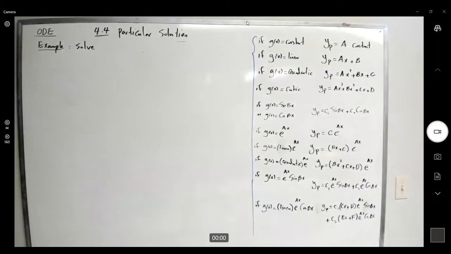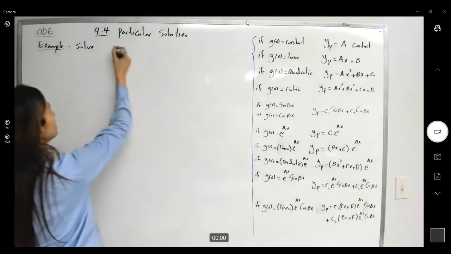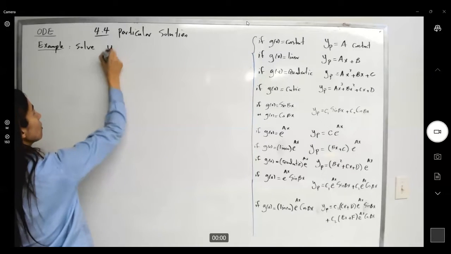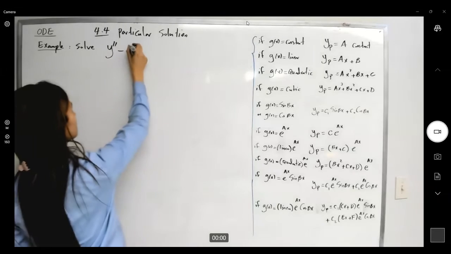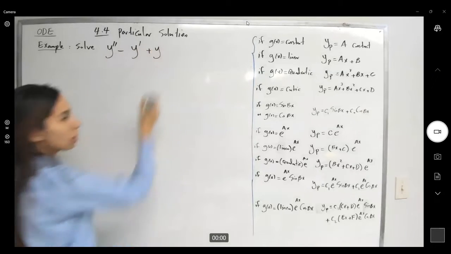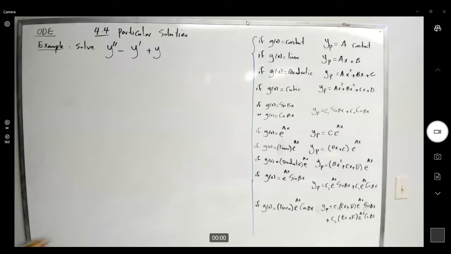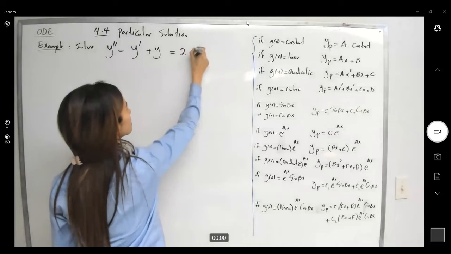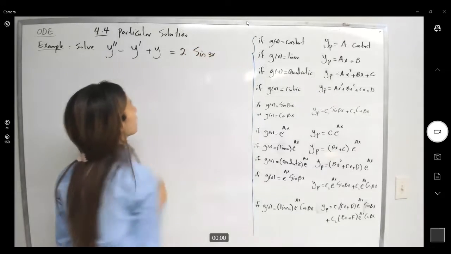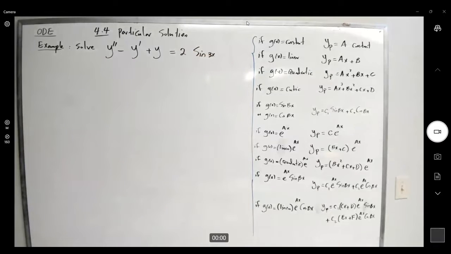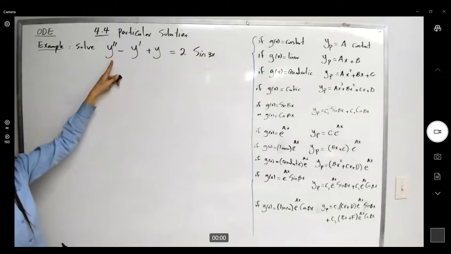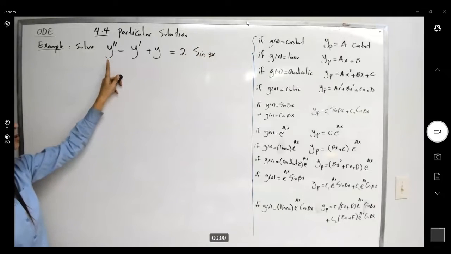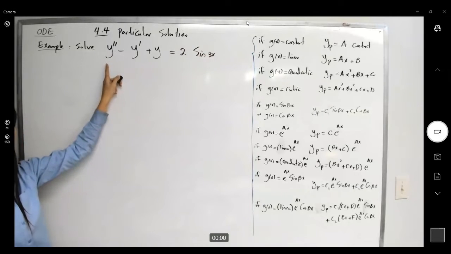So the differential equation given to us is the second derivative of y minus y prime plus y equals 2 sine of 3x. Okay. We have a non-homogeneous second order differential equation with constant coefficients.